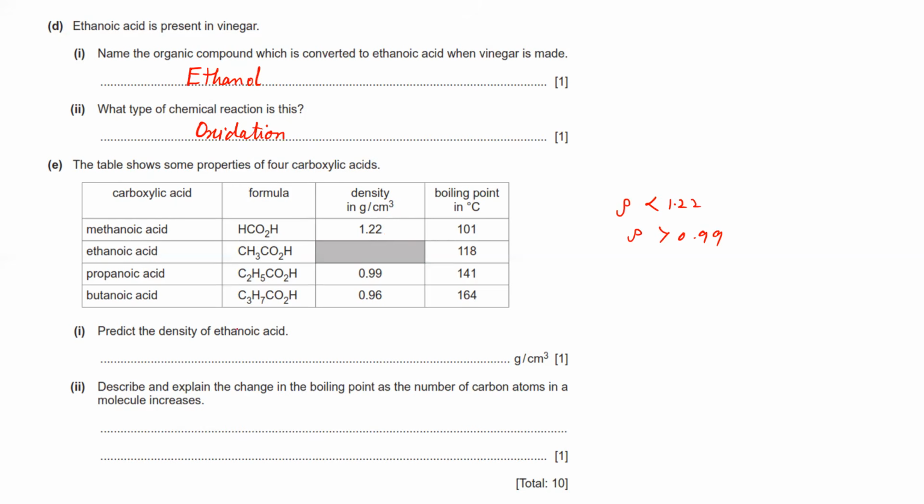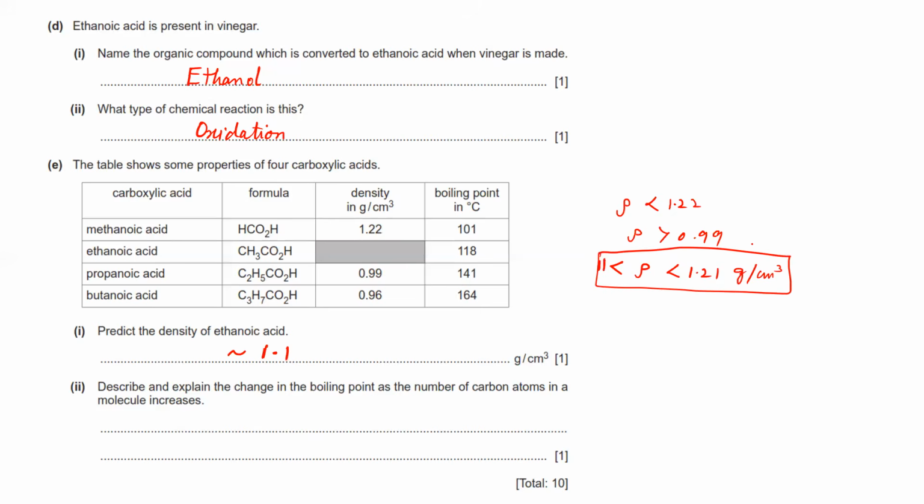Let's say approximately 1.1 grams per centimeter cubed. That's a good estimate. Any value between 1 and 1.21 grams per centimeter cubed is a good choice.